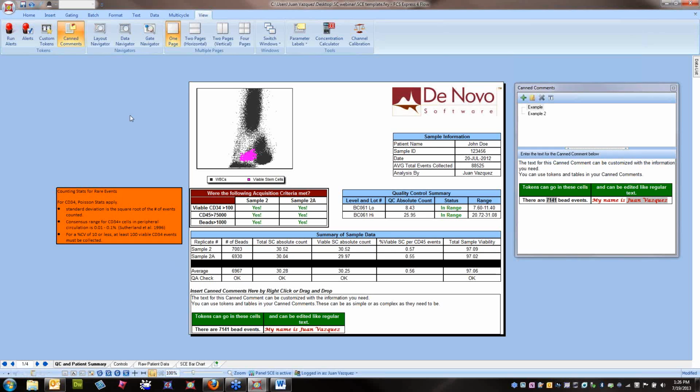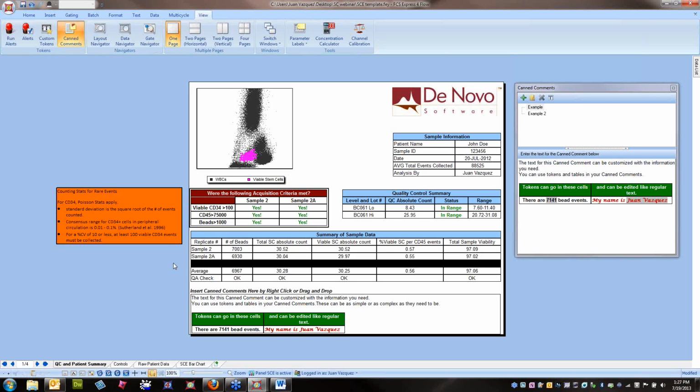Because the consensus range of CD34 positive cells in peripheral circulation is about 0.01% to 0.1%, this classifies itself as a rare event. Following that idea, for a CV of 10% or less, we're going to need at least 100 viable CD34 events collected, as well as 75,000 CD45 events. I've also thrown in a criterion to make sure that 1,000 bead events are collected.